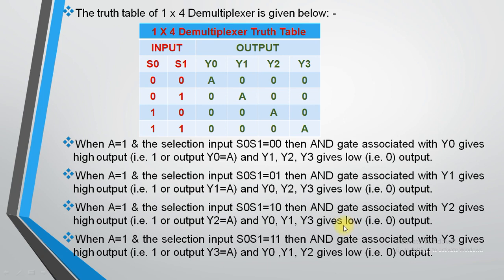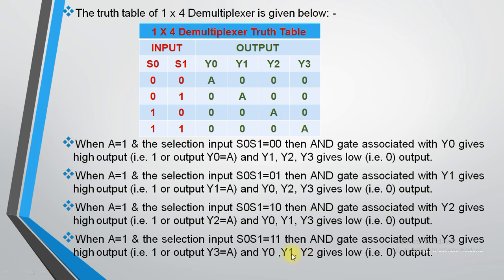Consider the last situation or last case in which S0 and S1 equal 1. Only if A equals 1, at that time you will get the output. So in those cases, Y3 equals A, that means it produces high output, or output as 1.